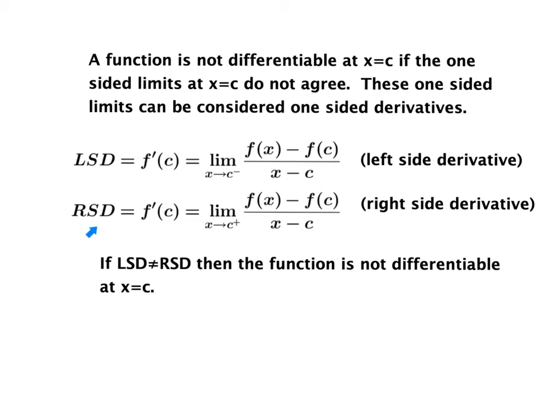Same with the right side. So notice the difference is we're approaching the constant c from the left and from the right. And if the left side limit does not equal the right side limit, or if the left side derivative, which is the same thing, does not equal the right side derivative, then the function is not differentiable at x equals c.